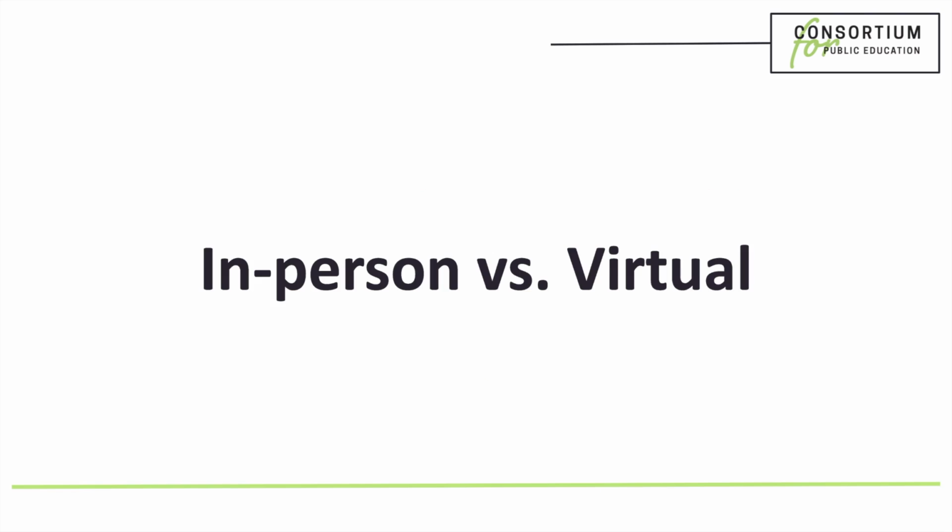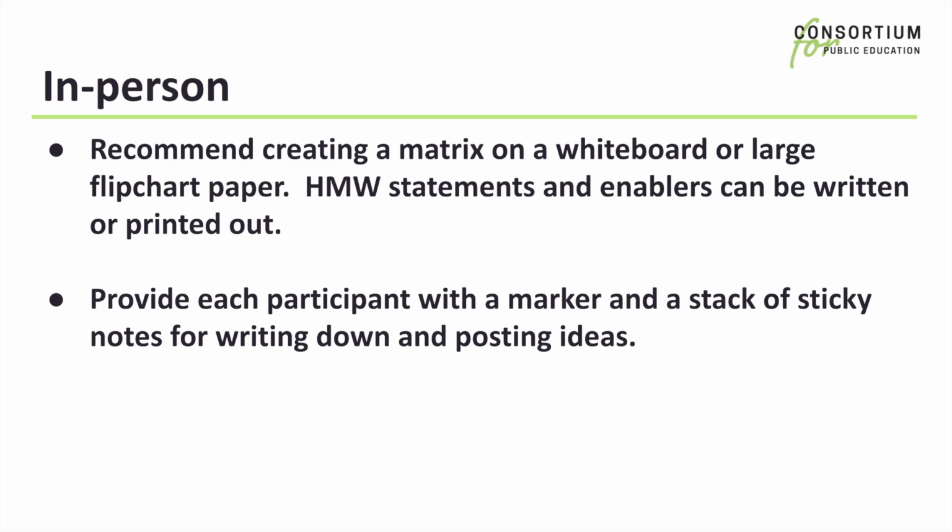If you're trying to decide whether to use the creative matrix in person or virtually, if you're working in person, we recommend creating a matrix on a whiteboard or large flip chart paper. How might we statements and enablers can be written or printed out and pasted on. Make sure to provide each participant with a marker and a stack of sticky notes for writing down and posting ideas.